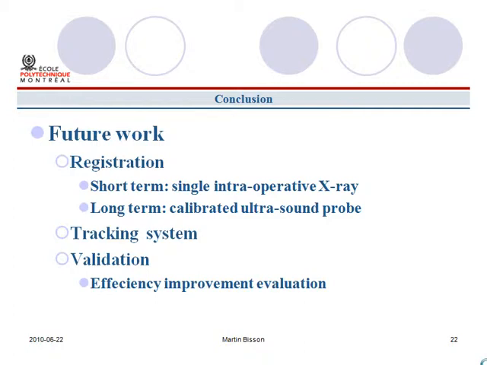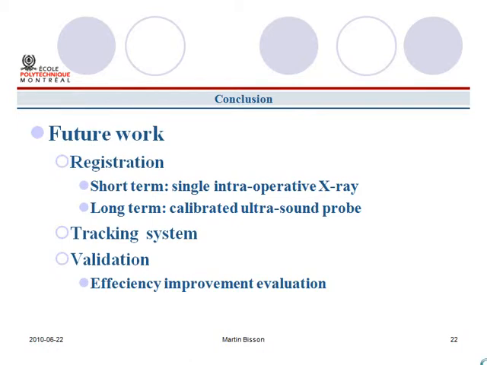The tracking system also needs to be worked on in order to improve accuracy and robustness. We might need to add multiple binocular cameras to improve robustness and accuracy, or maybe evaluate another tracking system.